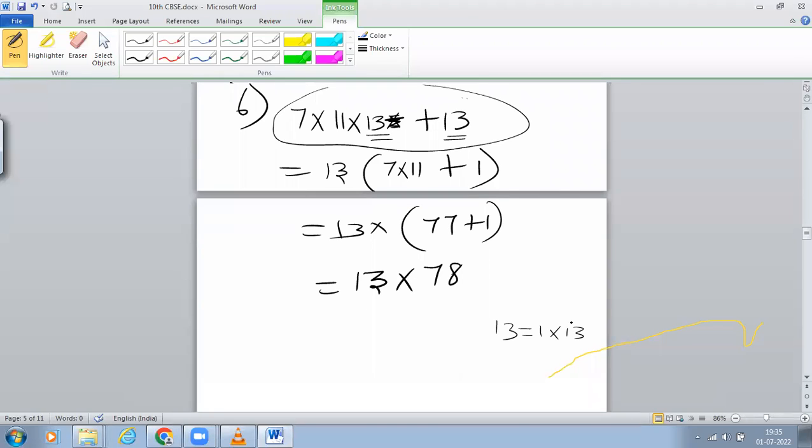They are asking us to explain why this number is composite.